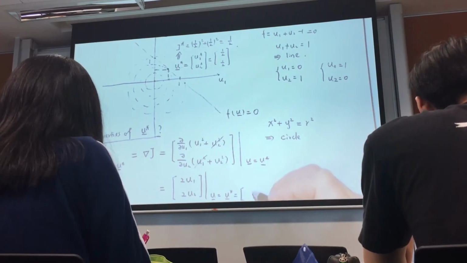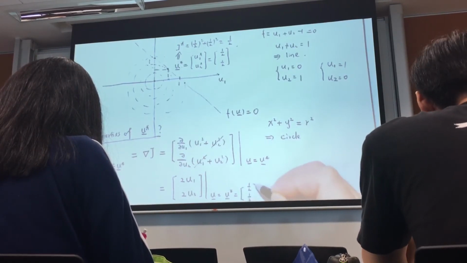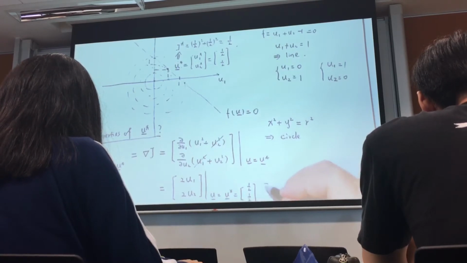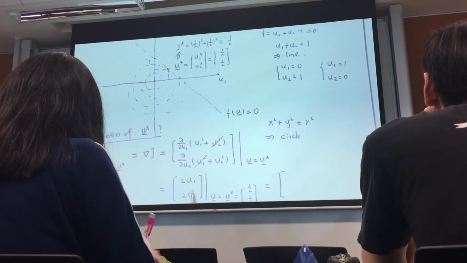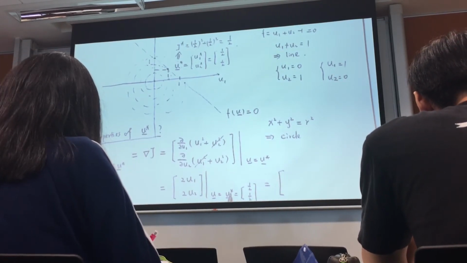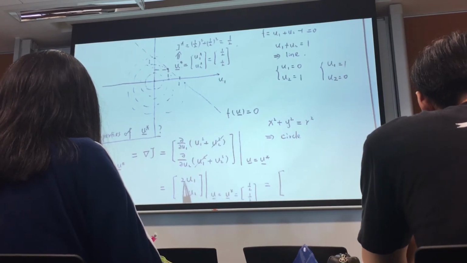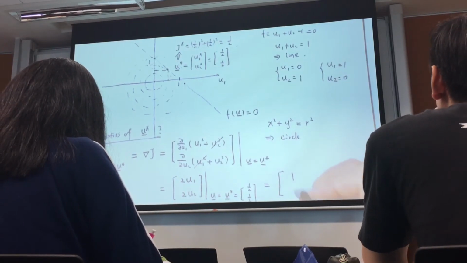We know u star equals a half, so multiplied by 2 it is given by 1.